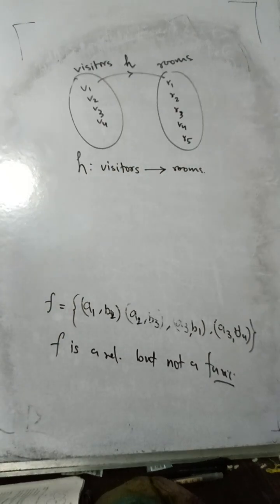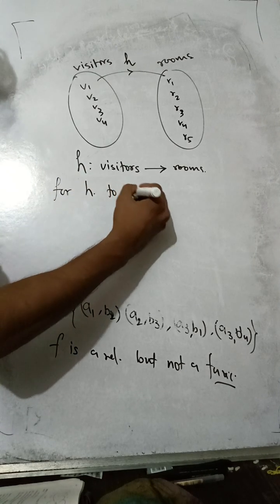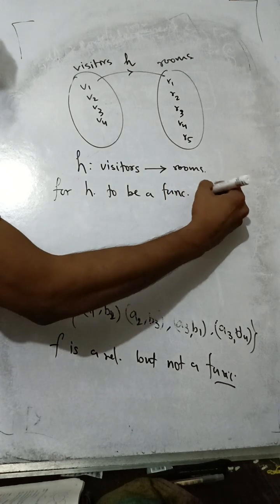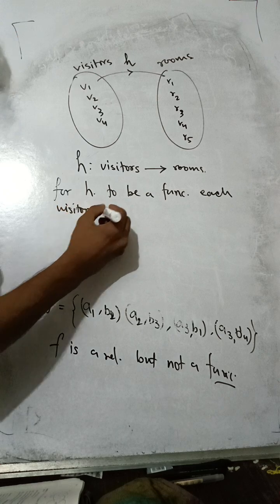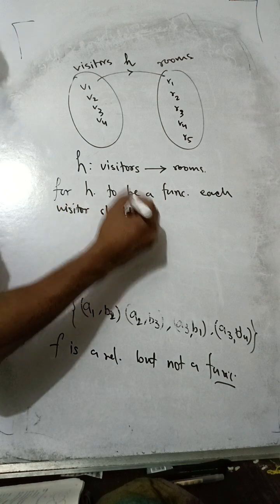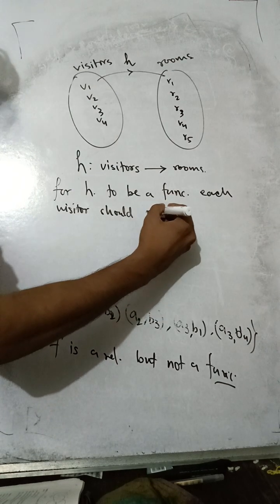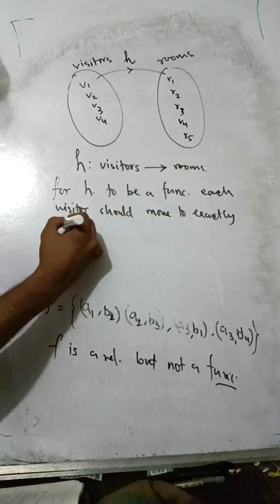For h to be a function, each visitor should move to exactly one room.